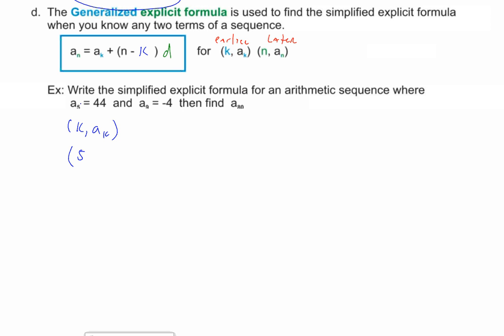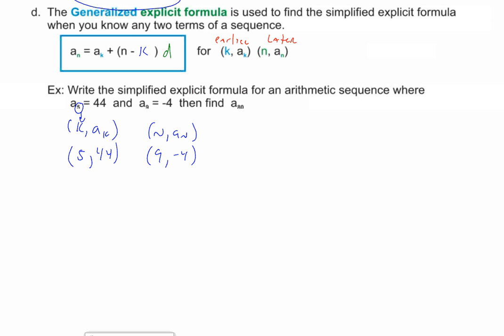It's the subscript of the first term. And what is a sub k? What is a sub 5? It's the 44. And then when you do n and a sub n, then n is going to be 9 and a sub n is -4. That's what we're subbing into the formula.